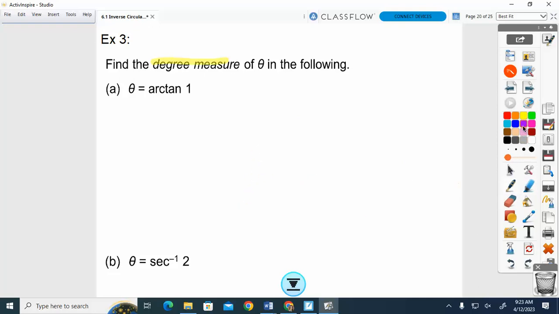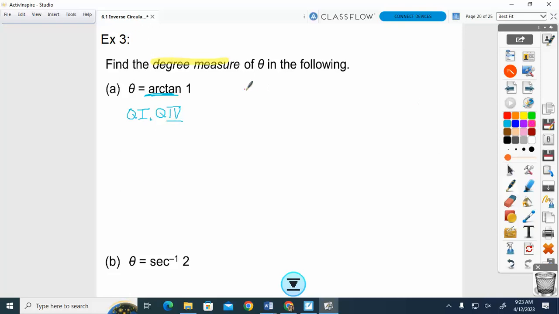If the original problem has the arc or the inverse, that's when we limit our quadrants. It's based off the original problem. So arctan, tangent inverse, what quadrants do we pick? 1 or 4. It goes with sine, 1 and 4.